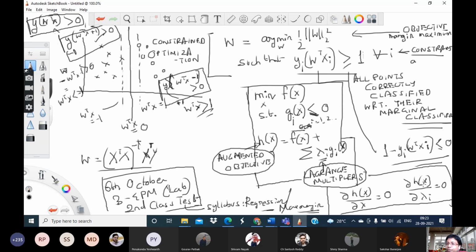If not, then I have to go for numerical methods like gradient descent. So you have to solve this either analytically or numerically. This is basically the standard framework of constraint optimization, and that is what we are going to apply in this case.